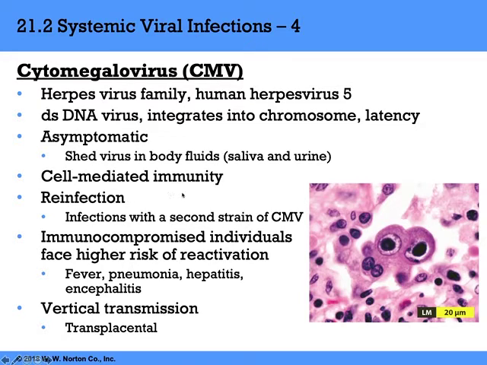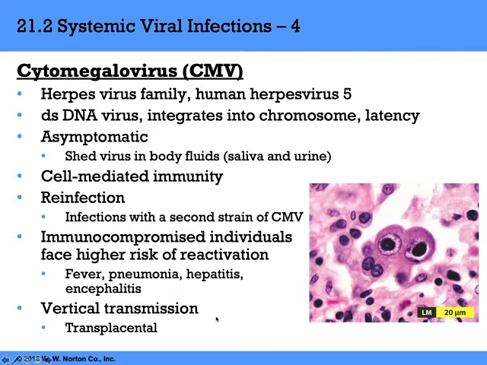It can affect cell-mediated immunity. Reinfections can occur with a second strain of cytomegalovirus and generate immunocompromised individuals that face a risk of reactivation. Symptoms include fever, pneumonia, hepatitis, which is inflammation of the liver, and encephalitis, which is an inflammation of the brain.